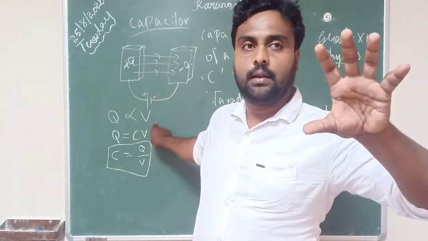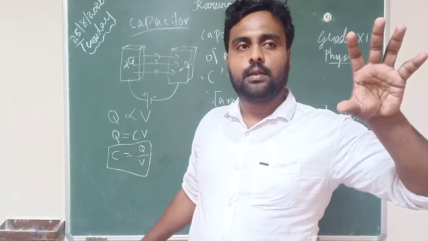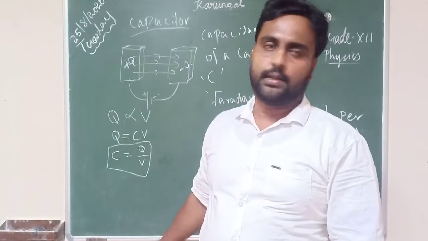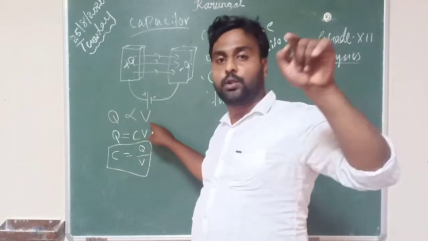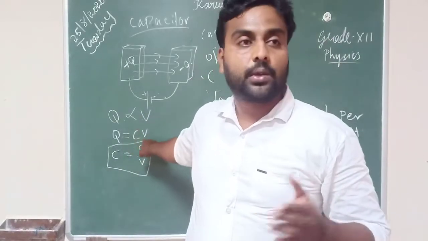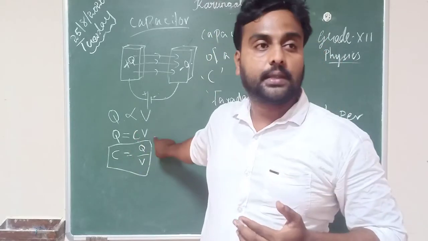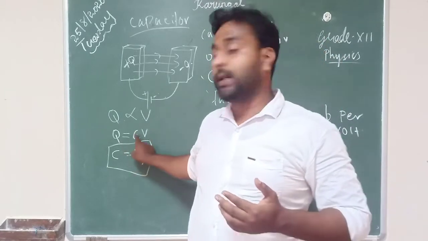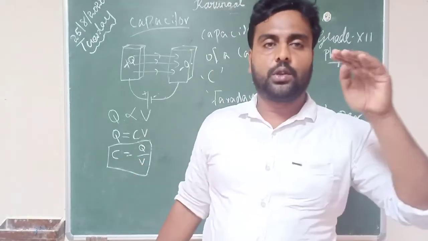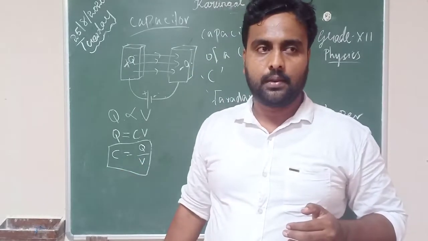So in general we can say charge is directly proportional to potential difference. So Q is directly proportional to V. Changing the proportionality symbol, you can write Q is equal to CV. From that we can find the capacitance C equal to Q by V.